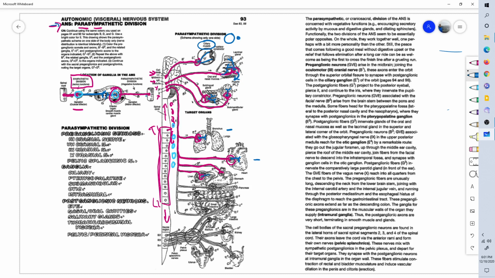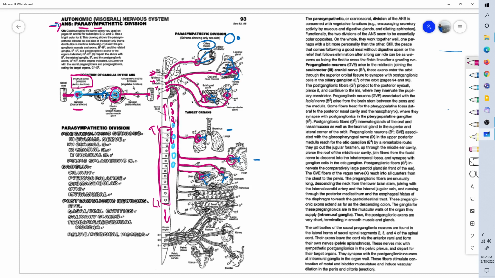And here we have the postsynaptic neuron, stimulating the liver to make products that support digestion. And then coming off to the stomach here to stimulate the secretion of hydrochloric acid and other products in the stomach for digestion.